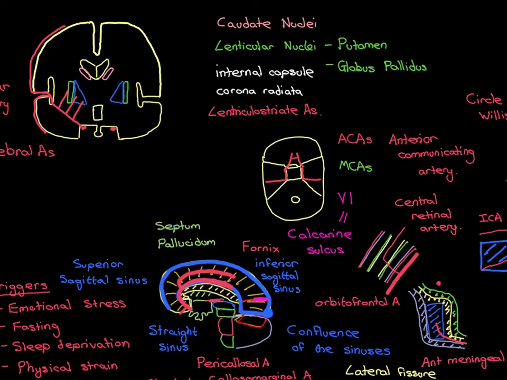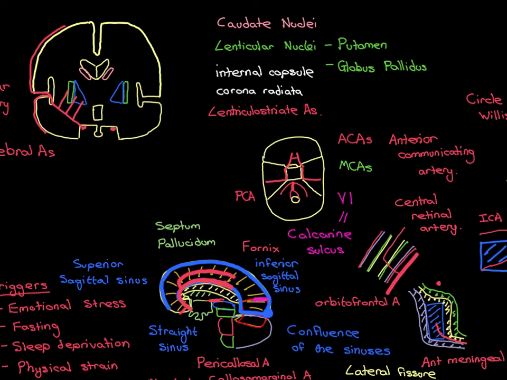So let me go back to this picture that I've got here, and let me mark on what we've just learned. So here are our vertebral arteries coming up to form the basilar artery here, and then the basilar artery is going to give off the two posterior cerebral arteries, okay? So those things that I've got there, those are the posterior cerebral arteries. So here is the left posterior cerebral artery, and here is the right posterior cerebral artery.